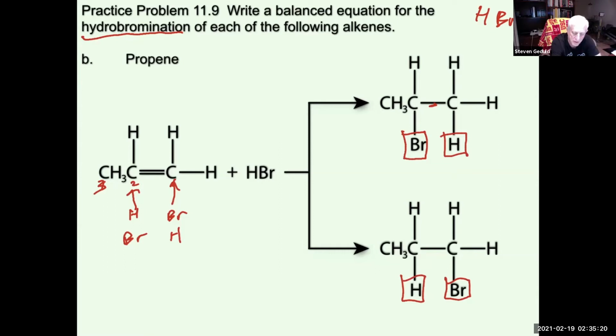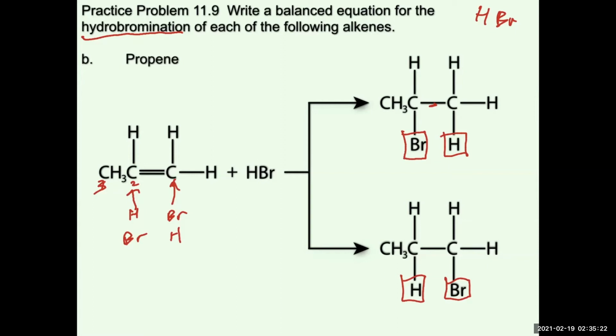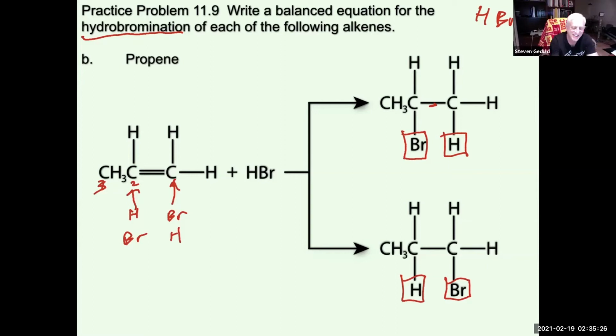Which one's going to be major, top or bottom? Top. I think the book puts everything on the top that's major. It's not going to always work like that. It's major because when the hydrogen adds to the right, there's 2 hydrogens. When the hydrogen adds to the left, there's only 1 hydrogen on that carbon. So this is your major compound formed, and this is your minor compound formed.